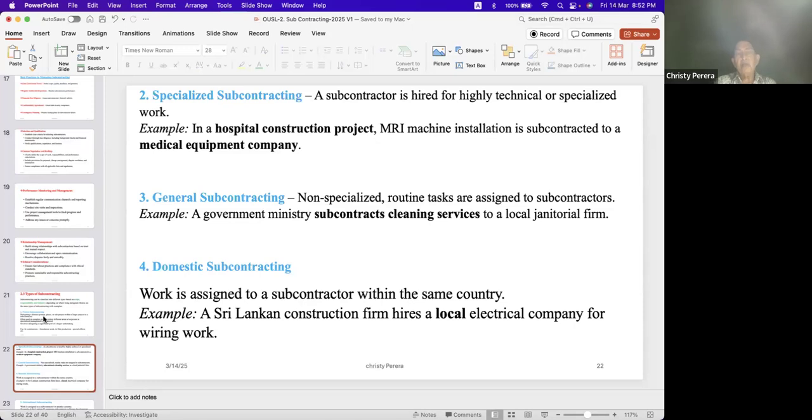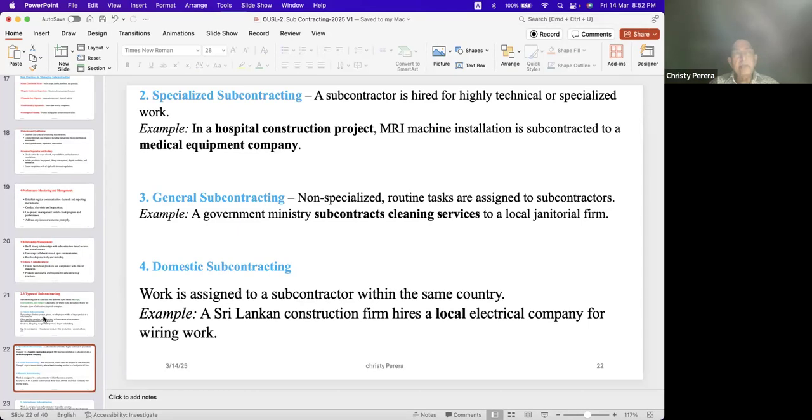The health ministry, maybe they have given a contract for cleaning, janitorial services, to the one contractor they have selected. That contractor might give subcontracts for cleaning services to a local janitorial firm.